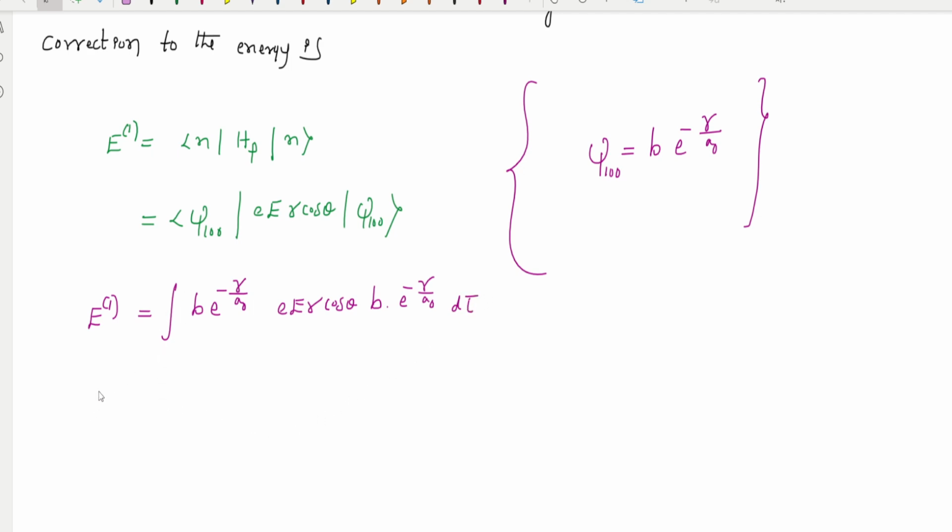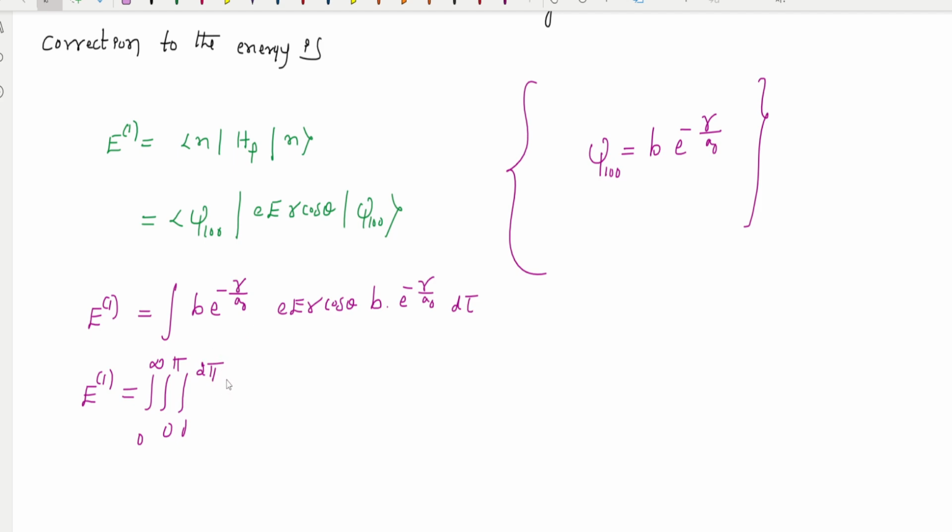Next, step by step, we are going to calculate this one. Observe carefully. 0 to infinity for r, 0 to pi for theta, 0 to 2 pi for phi.